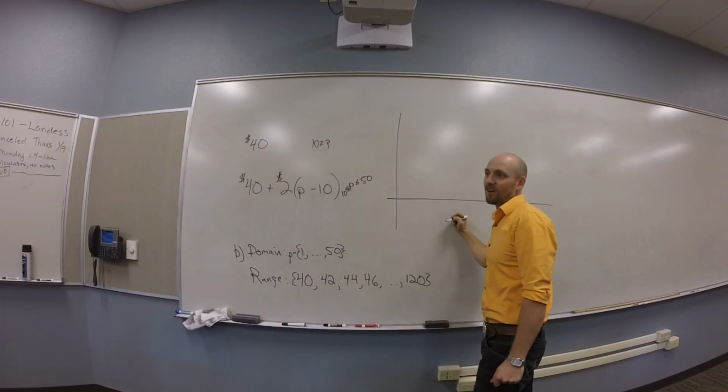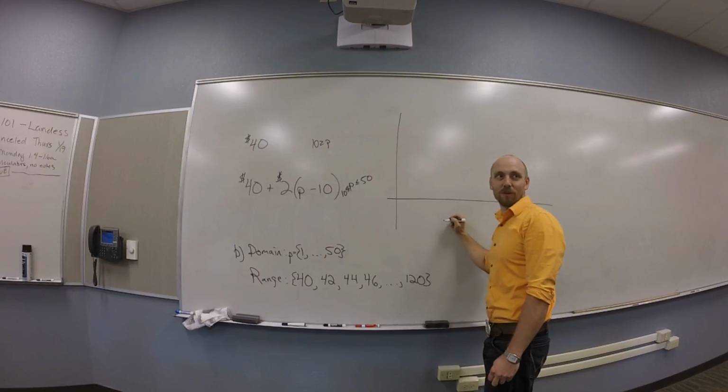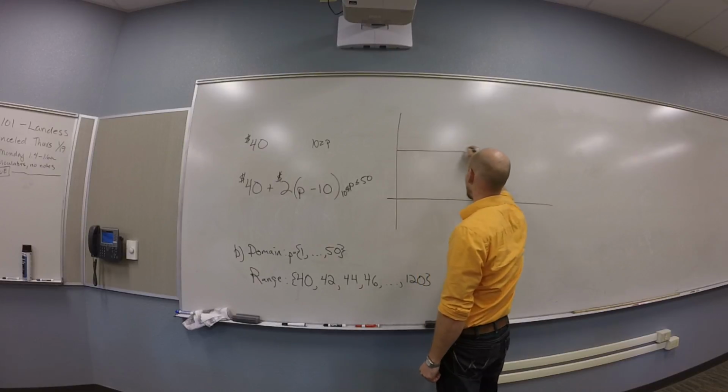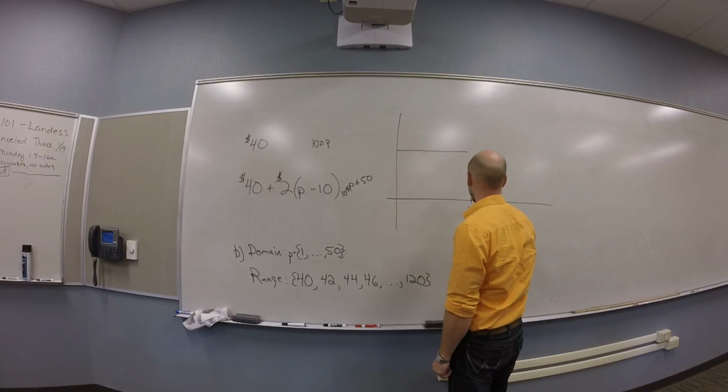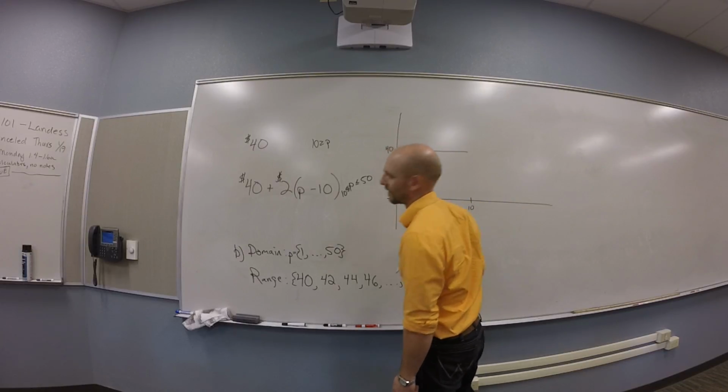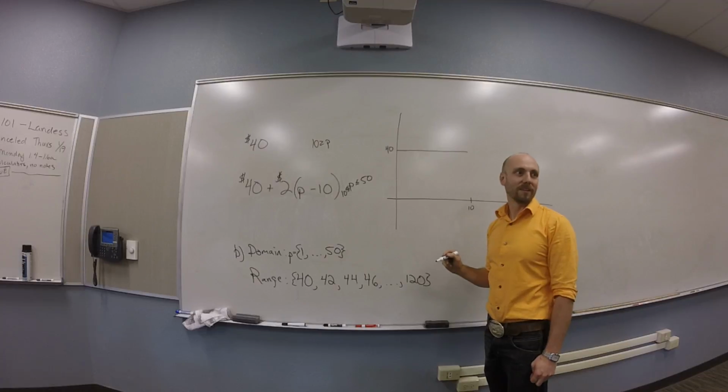Okay, so what should this function do for a while? Stay flat. Yeah, so really I would like to do this, right? I'd like to say, okay, this happens at 10, and this is 40. What have I screwed up on this?